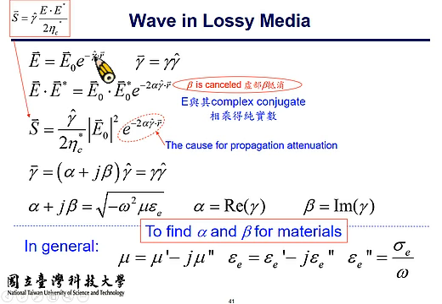So the product of the two, E dot E complex conjugate, originally you should have exponential minus gamma hat dot r times exponential.